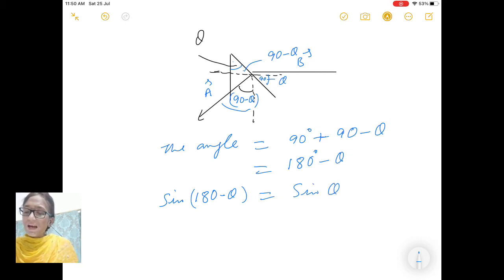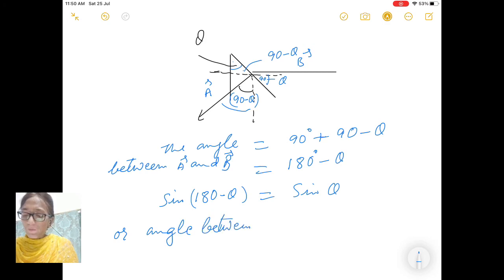So this is the angle between vector A and vector B, or you can also say the angle between the magnetic moment vector and the magnetic field vector, as magnetic moment and area vector are along the same direction.